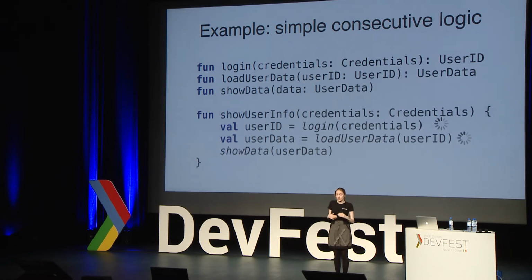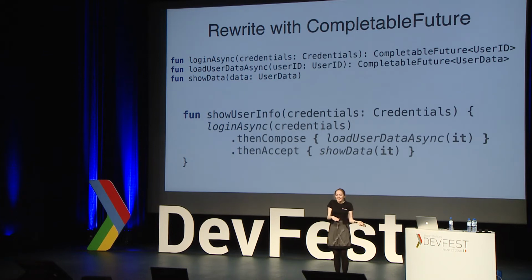So what are the solutions to this problem? You can use completable futures, for instance, to rewrite the same code and avoid blocking the user. Then you will need to use some API of these completable futures, or if we are talking about Android or some other cases, you can also use RxJava.